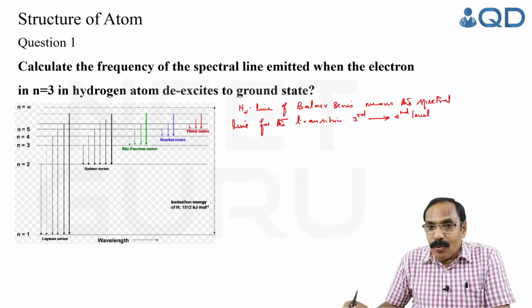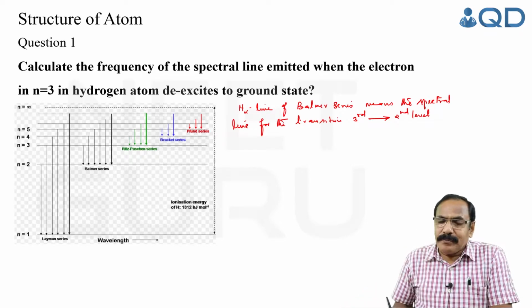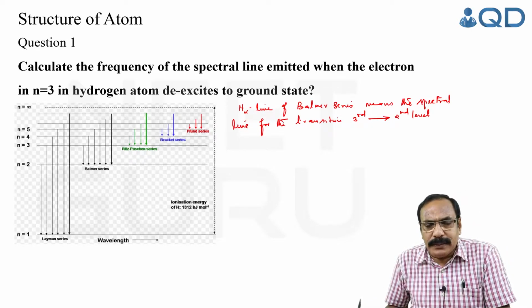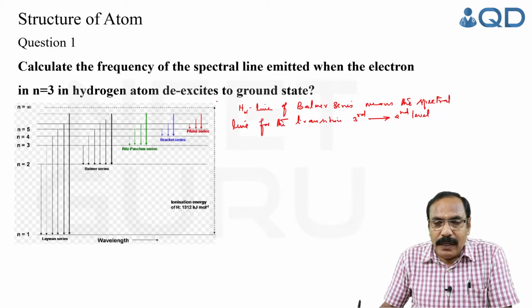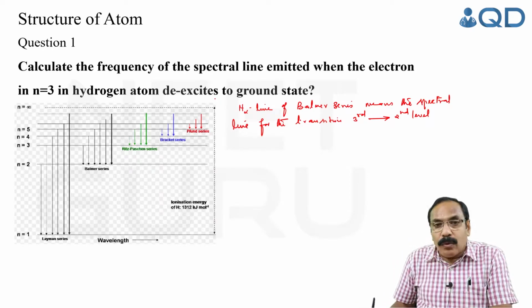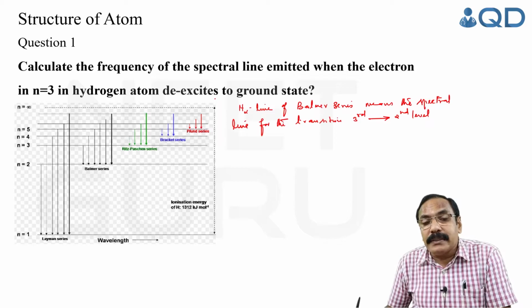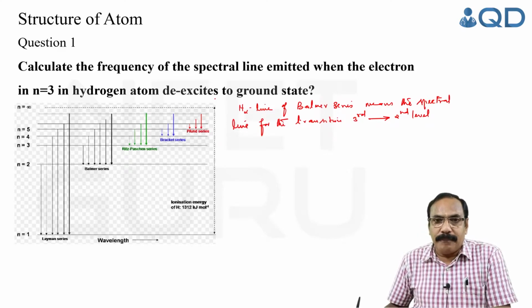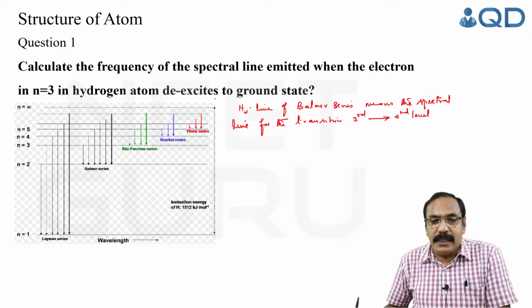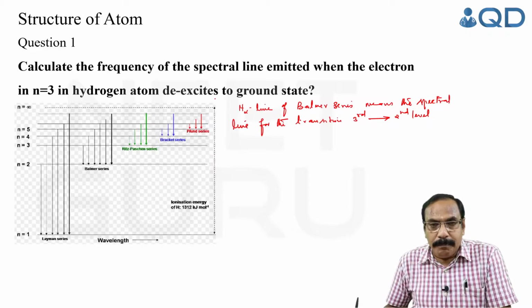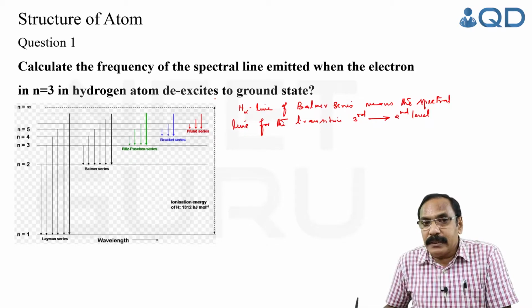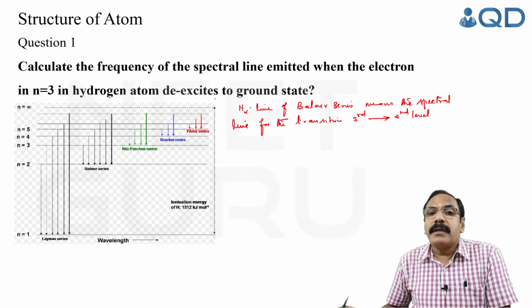Okay. Now, look at this problem. Another important point you have to remember is, suppose an electron from the infinity level returns to any of the lower levels, that line has the highest wave number or highest frequency. That line is called the limiting line. I repeat, the limiting line is the spectral line that appears when an electron from infinity returns to a lower level.